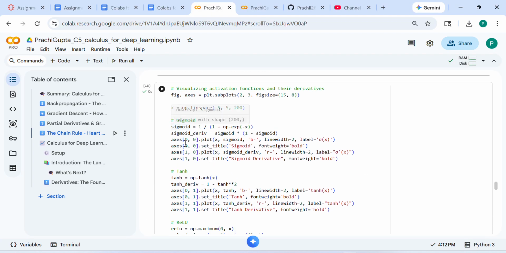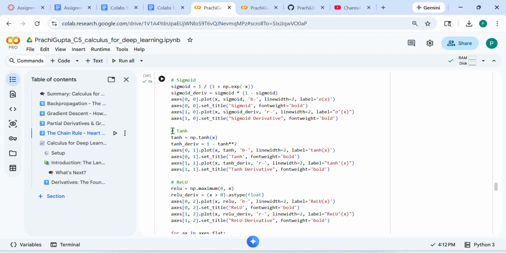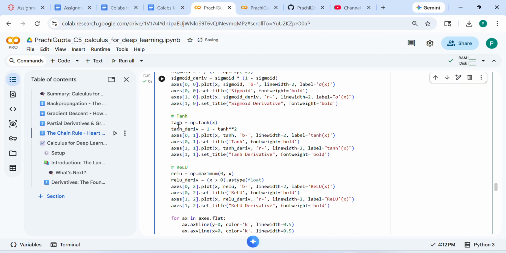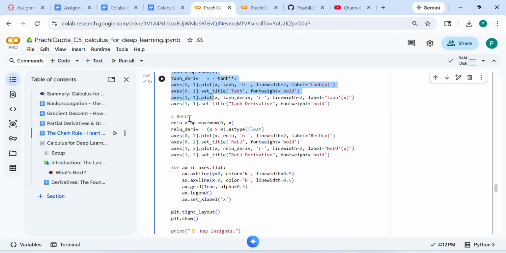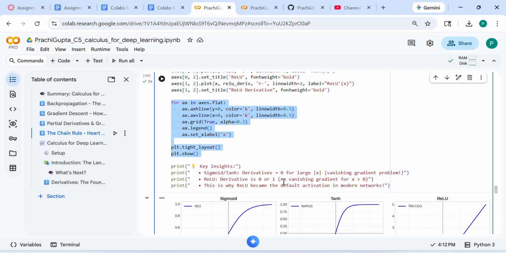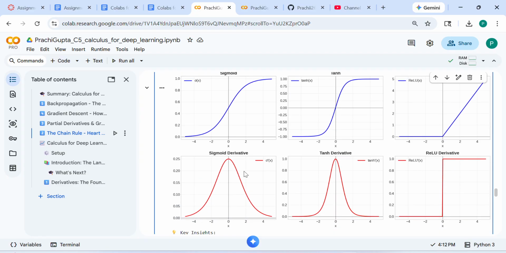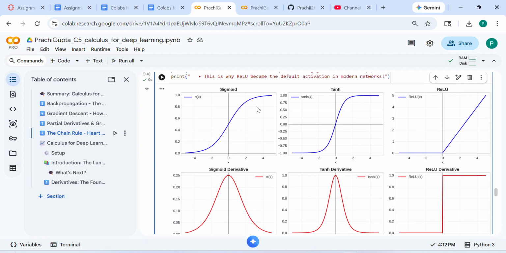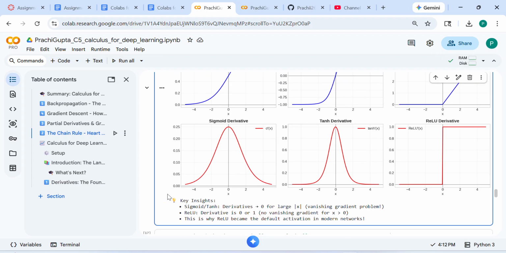So we are plotting sigmoid, we are plotting tanh, and then we are plotting ReLU, and then we are also plotting their derivatives. Let's see. So this is a simple sigmoid, tanh, and ReLU, and these are their derivatives.